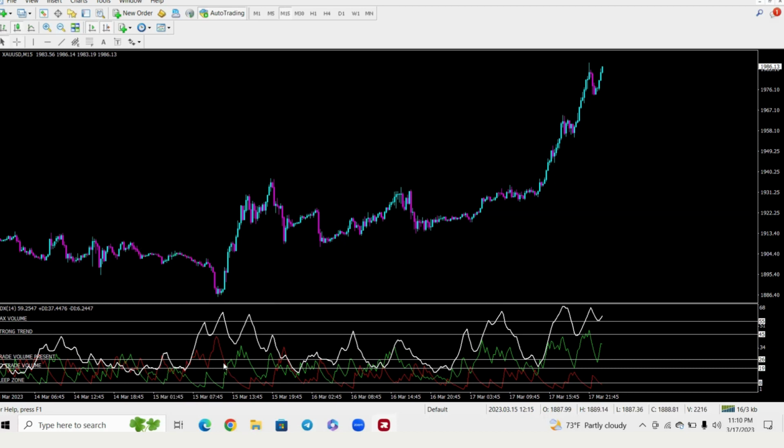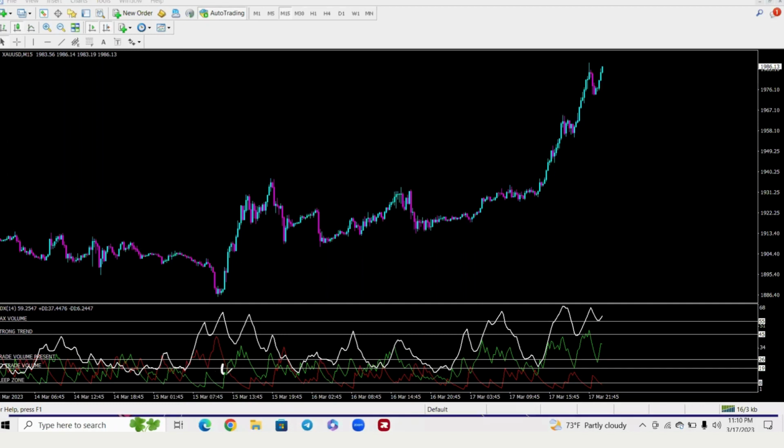But then when they crossed here, let me try to annotate really quick. When the buyers and the sellers crossed down here to take a rest, the buyers came in.